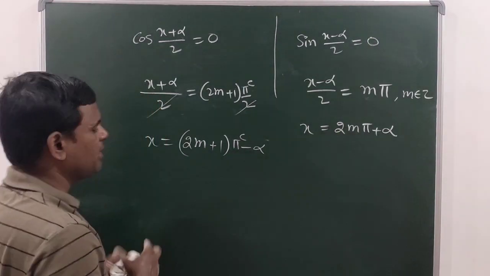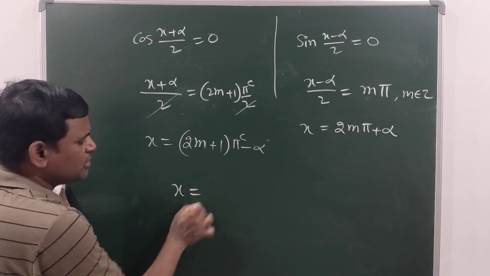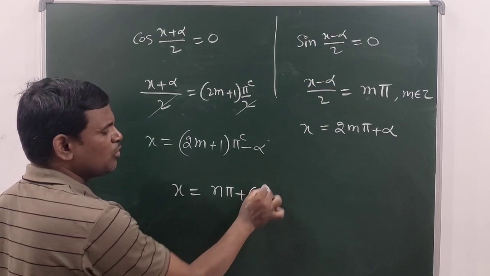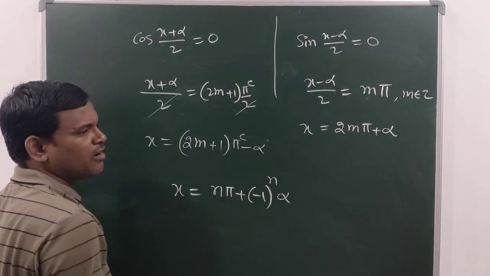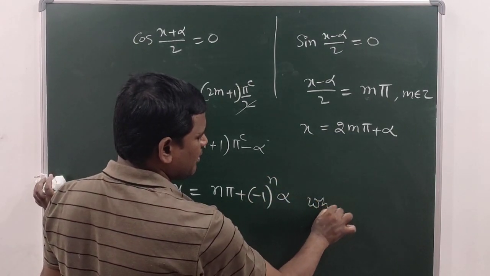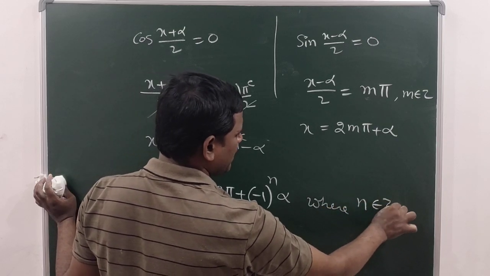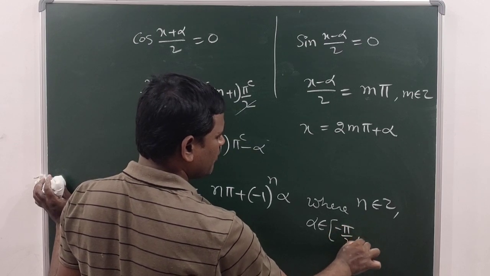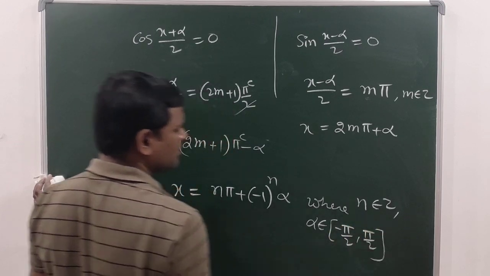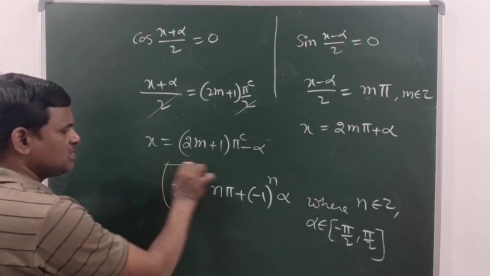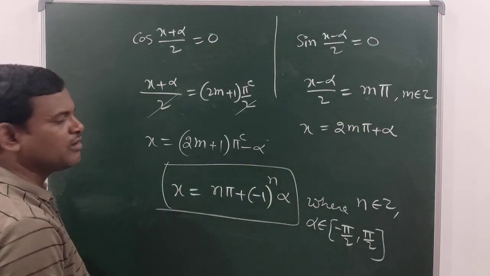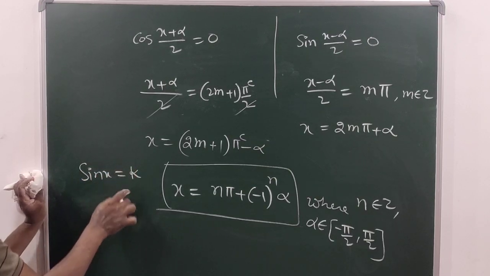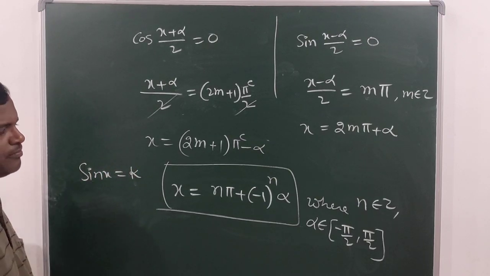If you put the two together, you will get the general solution like this: n pi plus minus 1 whole power n into alpha, where n belongs to an integer and alpha belongs to the principal domain of the sine function. So this is the general solution of sin x is equal to k, where k must be from minus 1 to 1.